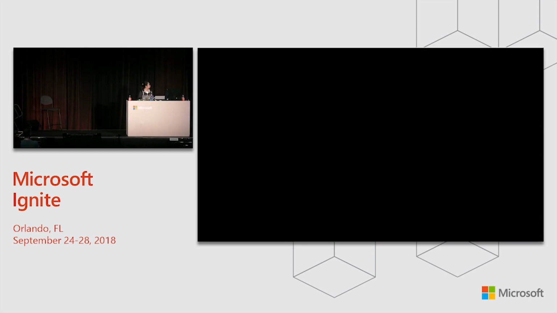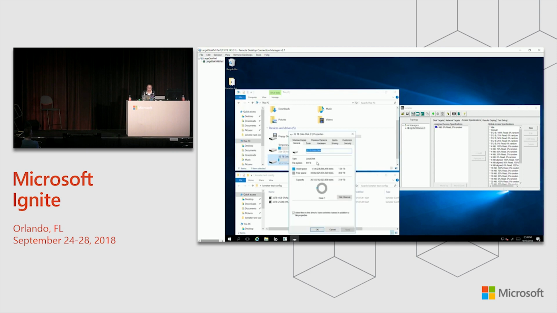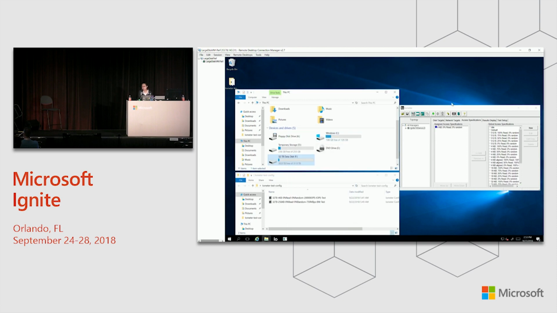So here, I'm on my demo machine. You can see that this is a D32 machine, and then I have attached 32 terabyte disks, which is a premium SSD. What I'm going to do is use IOmeter, which is an open source benchmark tool, to generate some synthetic workload to my large disks.